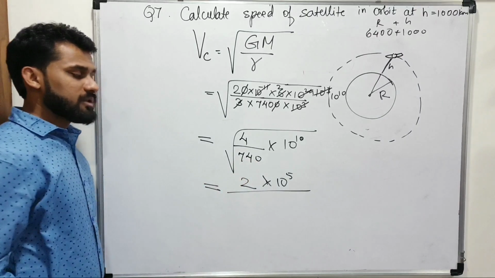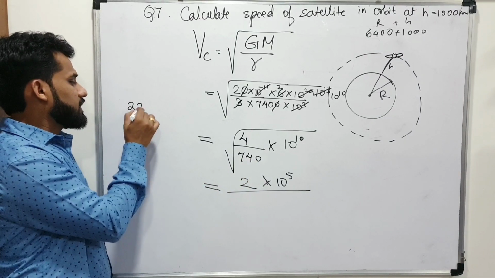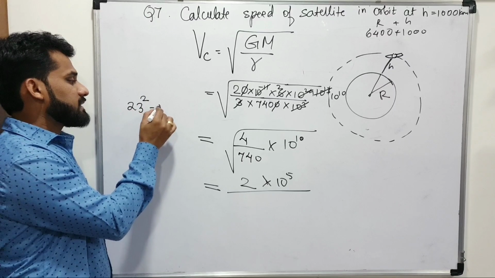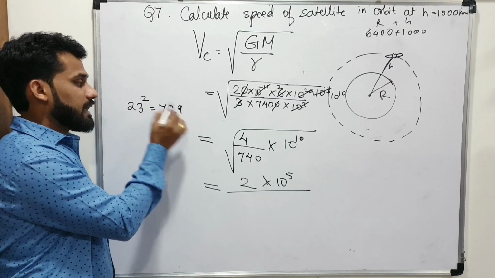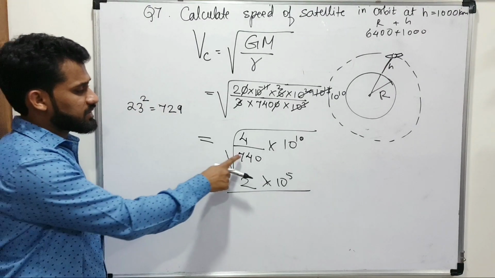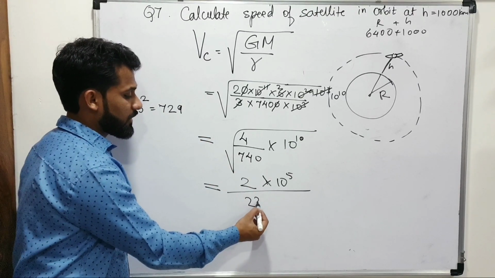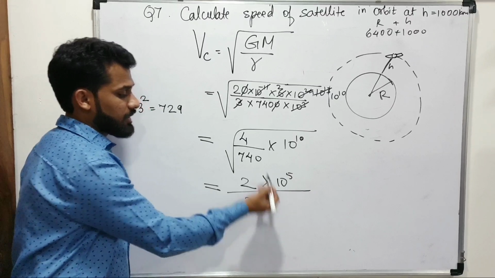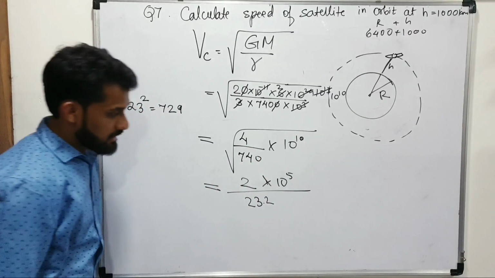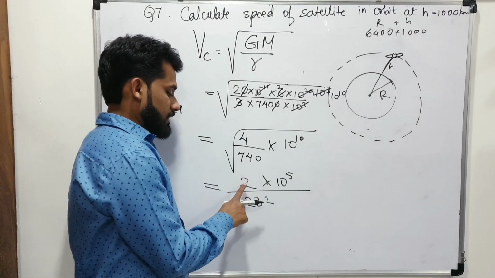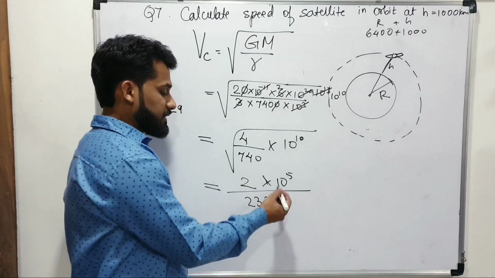The closest root that we know is 23. What is the square of 23? It is 729. So 740 is slightly bigger than 729. So let us consider it as 23.1, 23.2 approximately. Okay, so 2 upon 23.2 into 10 raised to 5.